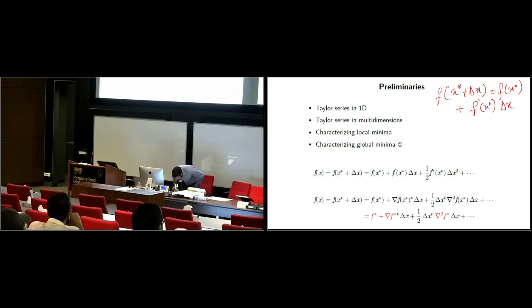Yesterday we saw that for a function to have a minima or a maxima at a point, the derivative of that function has to be 0 at that point. And my claim is that you can see it quite clearly here.